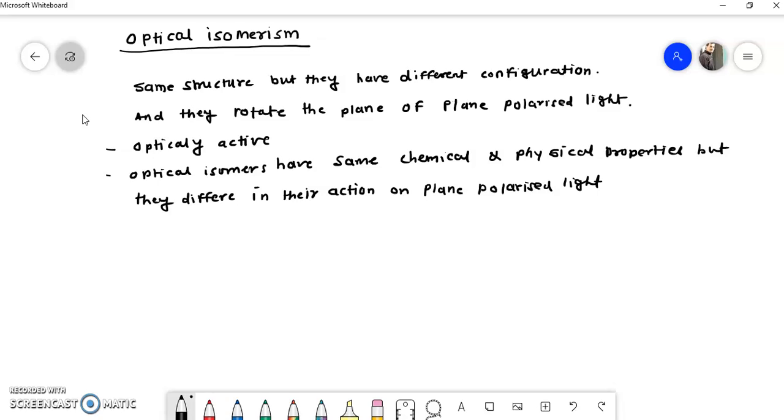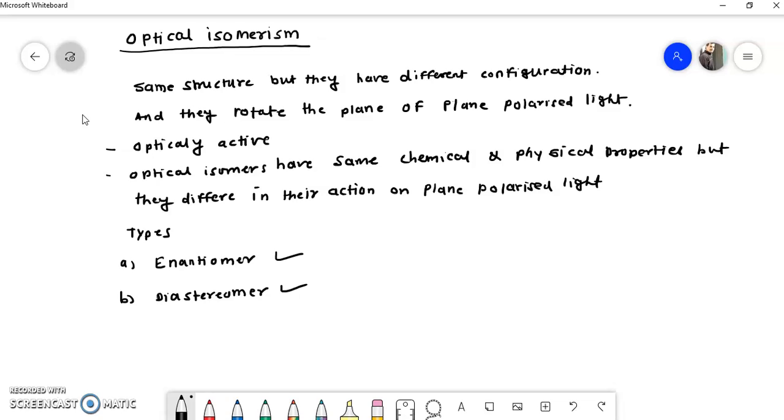There are two types of optical isomers: the first one is enantiomer, and the second one is diastereomer. We are going to study enantiomers and diastereomers in detail in incoming videos.